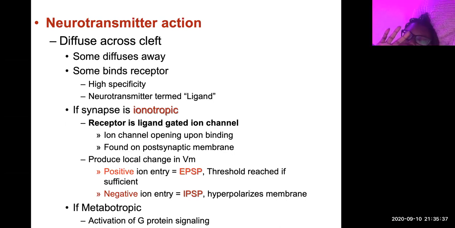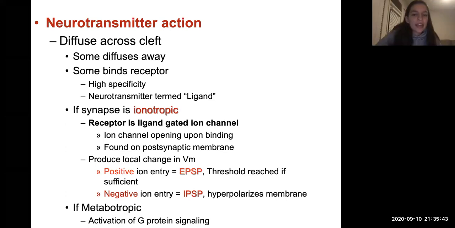Olivia, did she say this in class? Did she go over this slide? Yeah, she said just know that the ionotropic is the one with ions and the metabotropic is the one without ions. Basically think of it like that.